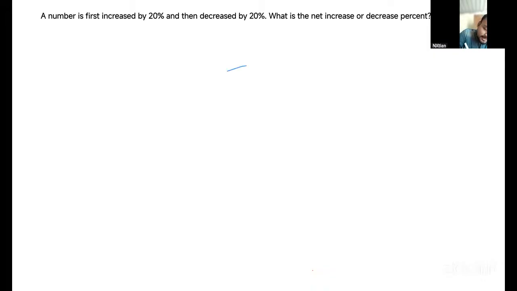So we'll say, let the number be x. The increased number is 20% of x plus x.